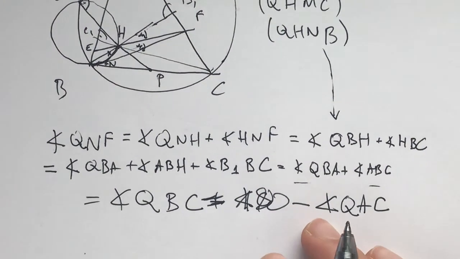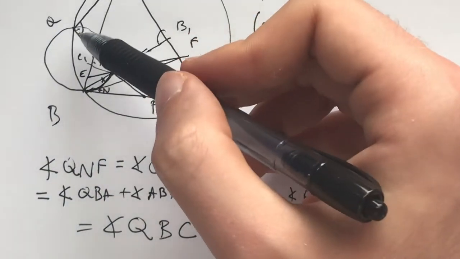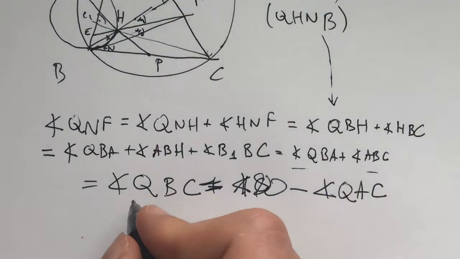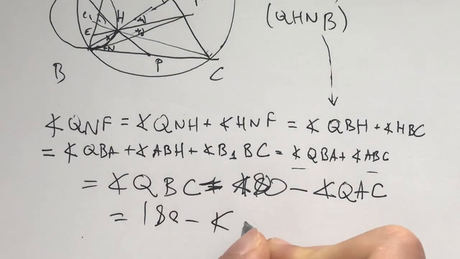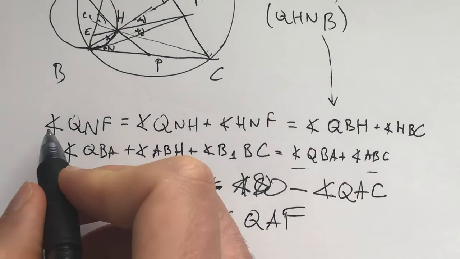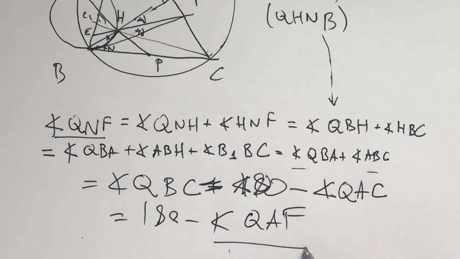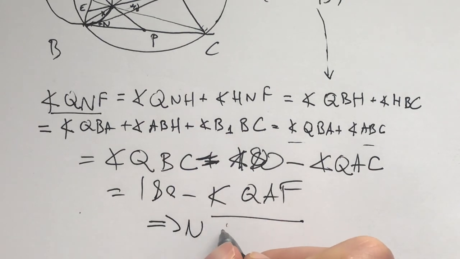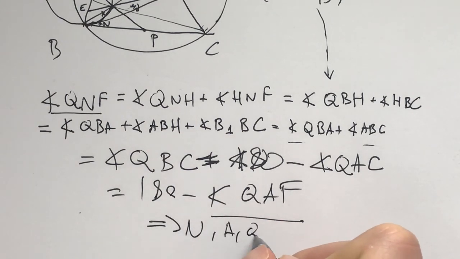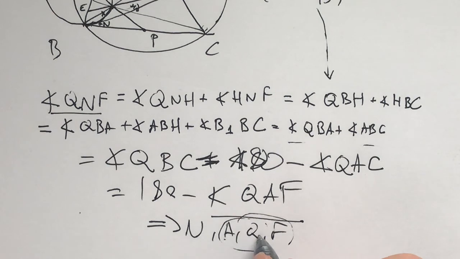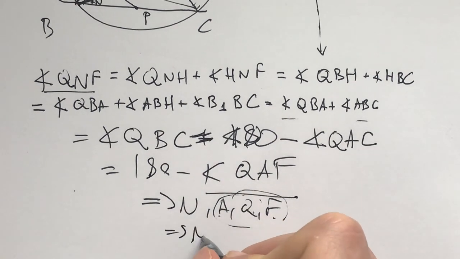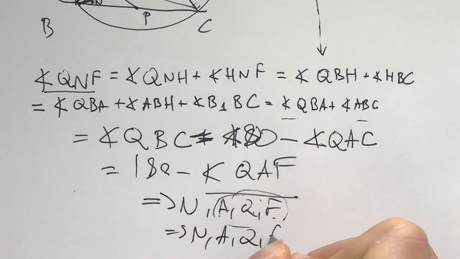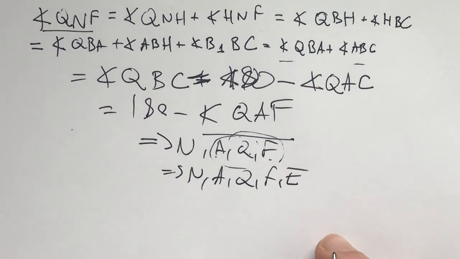But the angle QAC is really QAF. So this is 180 minus the angle QAF. And because QNF plus QAF is equal to 180, this implies that N, A, Q, F lie on the same circle. And because E lies on the circle around A, Q, and F, this implies that N, A, Q, F, and E lie on the same circle.